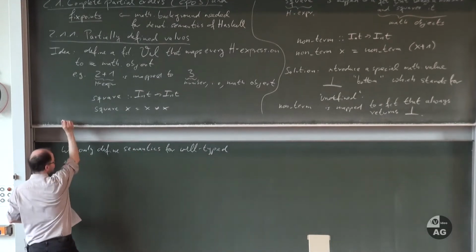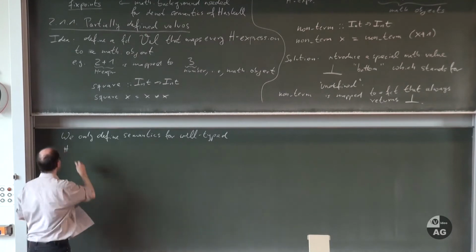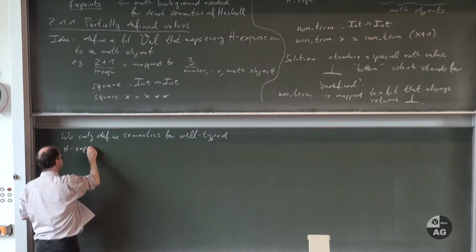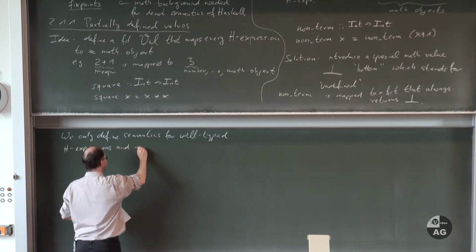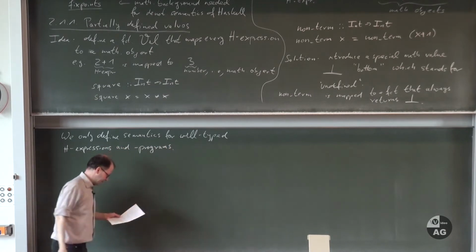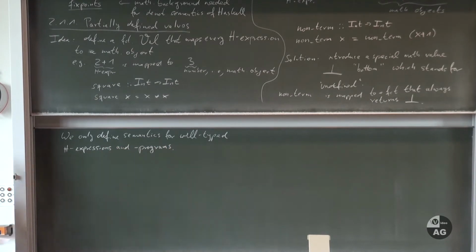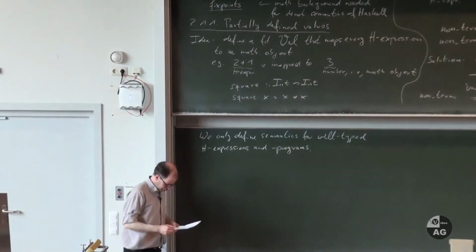So non-well-typed Haskell expressions or programs, they have no semantics. We don't have to consider them. And how to check whether an expression or a program is well-typed, how to do this automatically, we will come to that later in chapter 4.